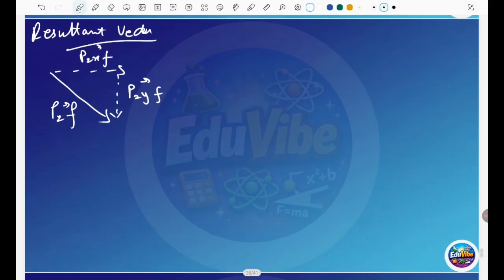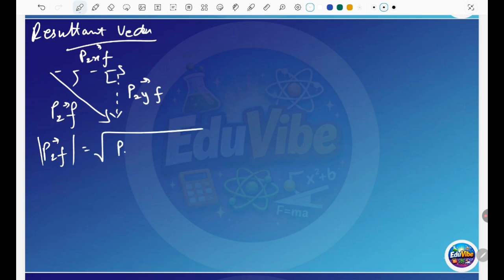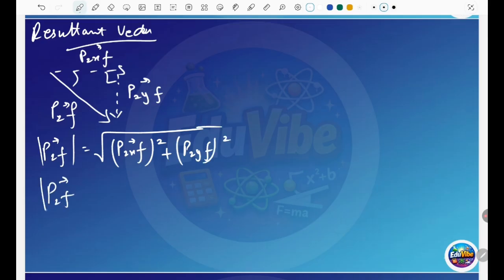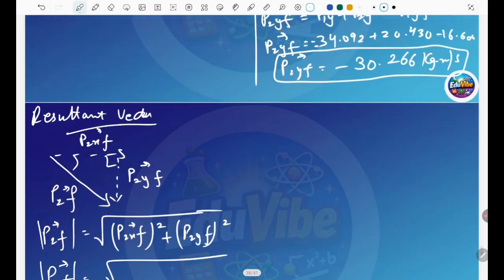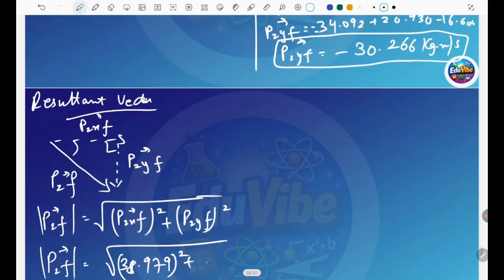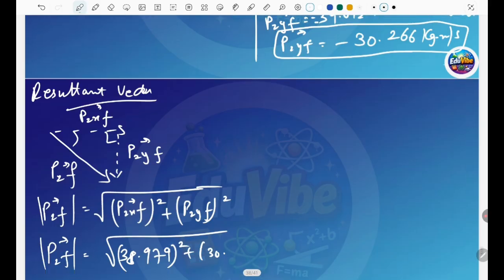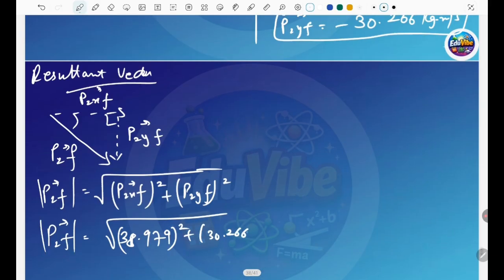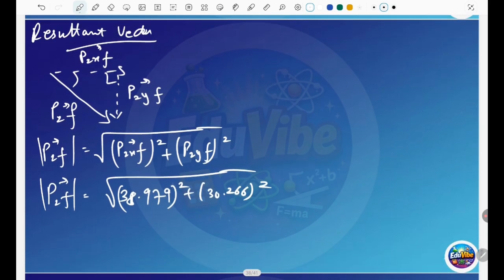P2 final is equal to the square root of P2x final squared plus P2y final squared. Plugging in the values, 38.797 squared plus 30.266 squared. We can take the negative as positive, because for the square it cancels out.